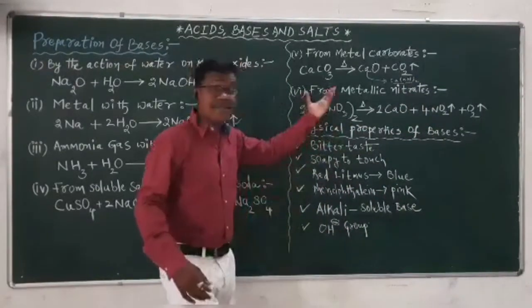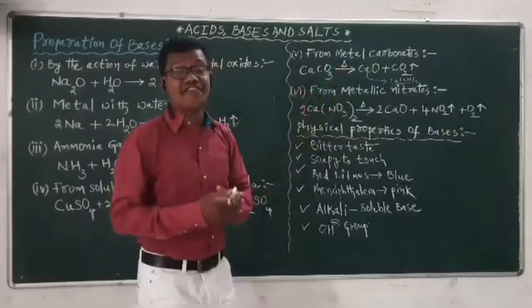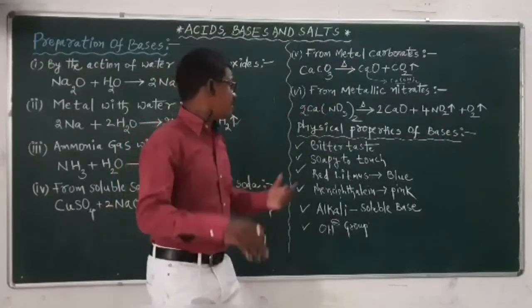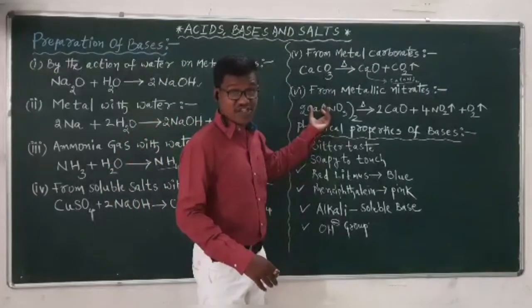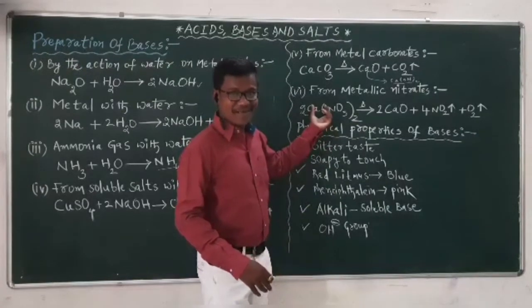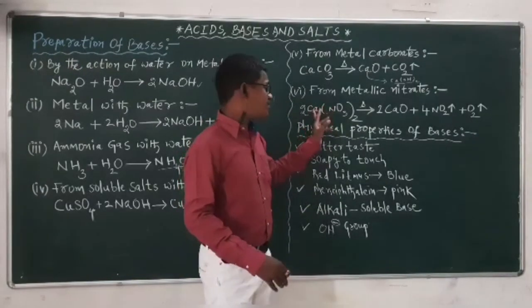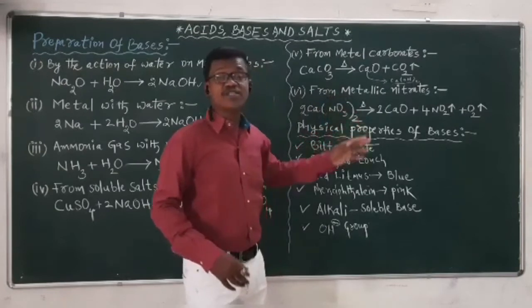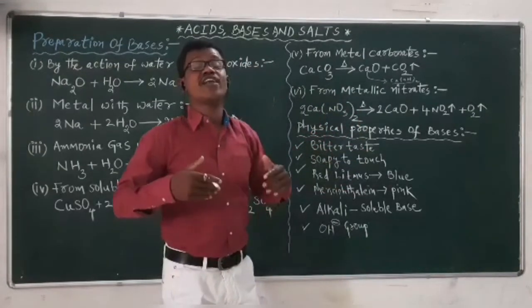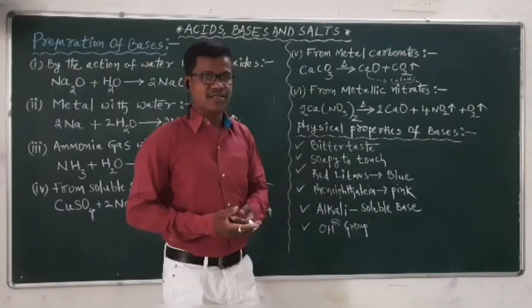As well as we can prepare the bases from metallic nitrates. So the great example is, I have taken here calcium nitrate. It is a metal nitrate because calcium is a metal and the NO3 group is called nitrate. So you can call it a metallic nitrate.